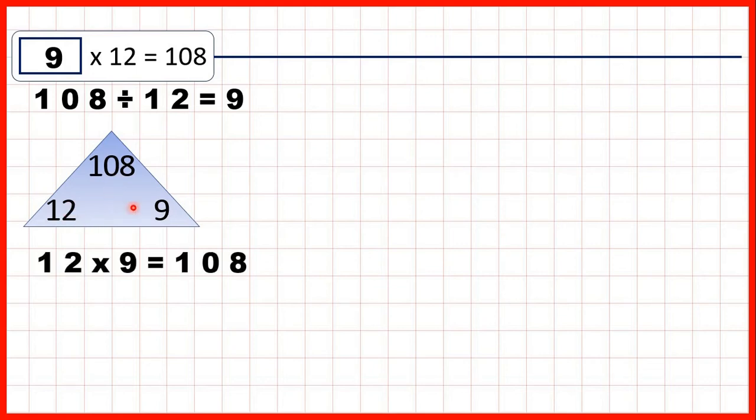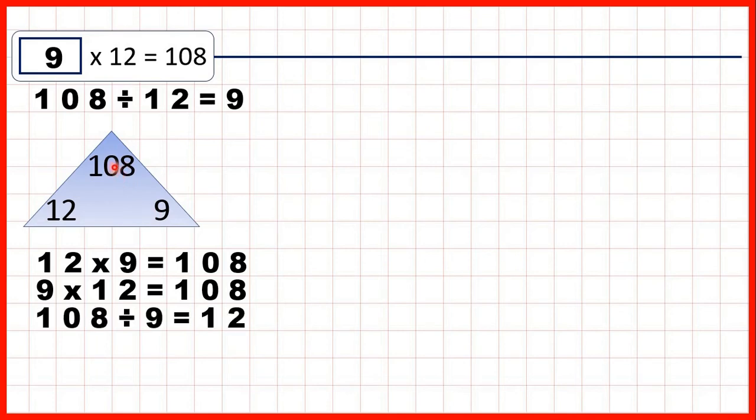We know that 12 times 9 is 108, and 9 times 12 is also 108, because if you multiply the numbers on the bottom in any order, you get the number on the top. Now we also know that 108 divided by 9 is 12, and 108 divided by 12 is 9, because if you divide the top number by one of the numbers on the bottom, you get the other bottom number.